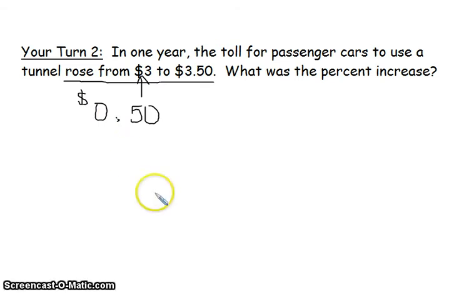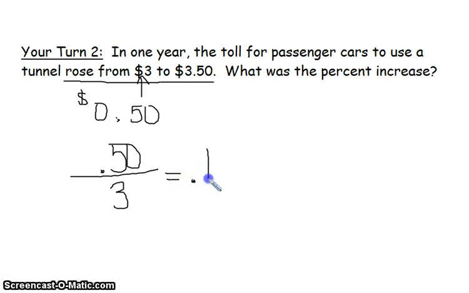But now let's set up our ratio. I have 0.50 because that's how much it increased. It increased by 50 cents. Over the original amount, we were paying $3 to go through this tunnel. So let's find out what the percent increase is. So divide 0.50 by 3. 0.17 is what you get when you do your division there, and that is 17%.